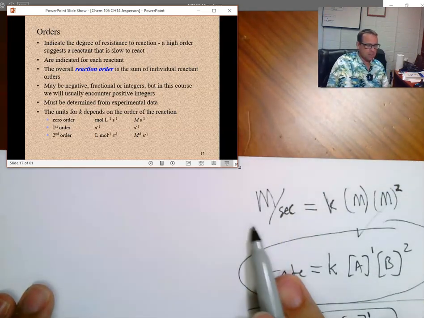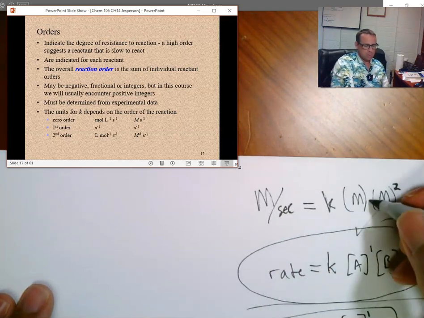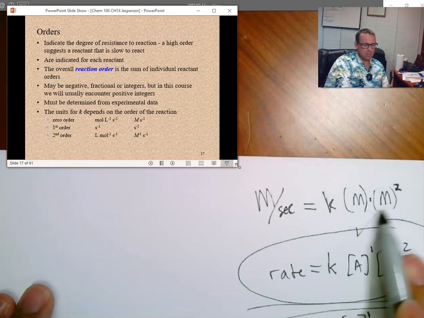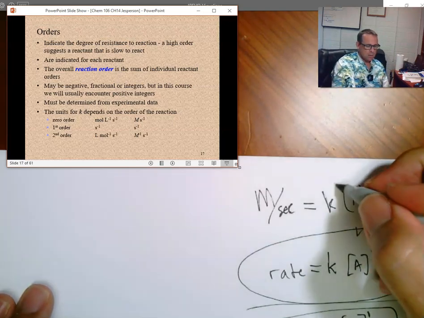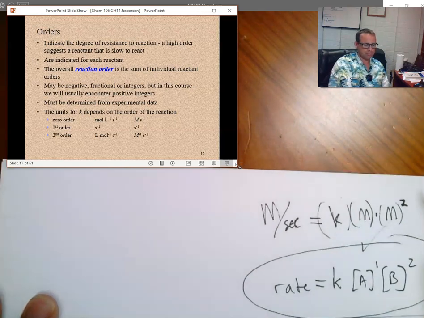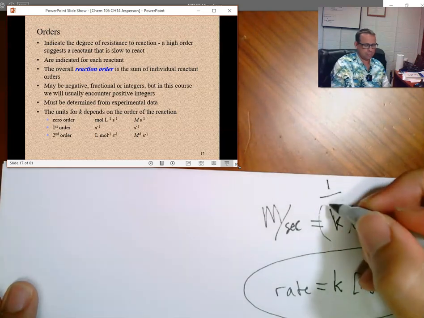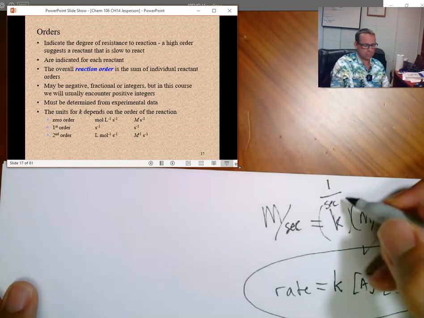So, if this has to be molar per second, this is molar squared, what are my units for K then? Okay, so it would be 1 over second per mole.